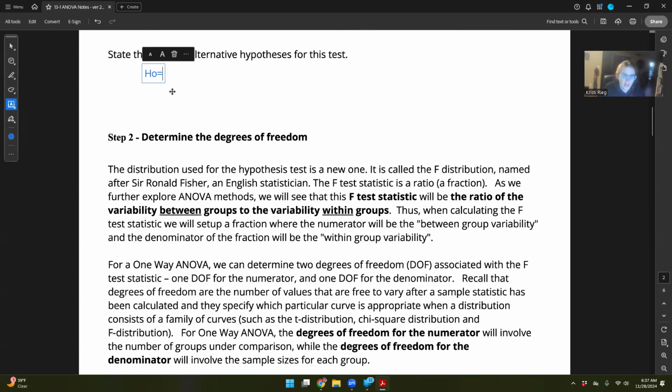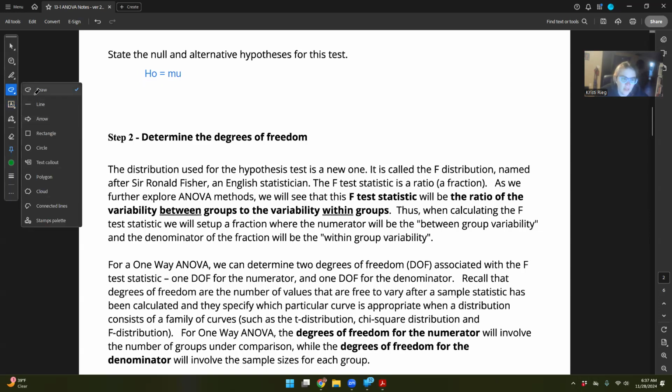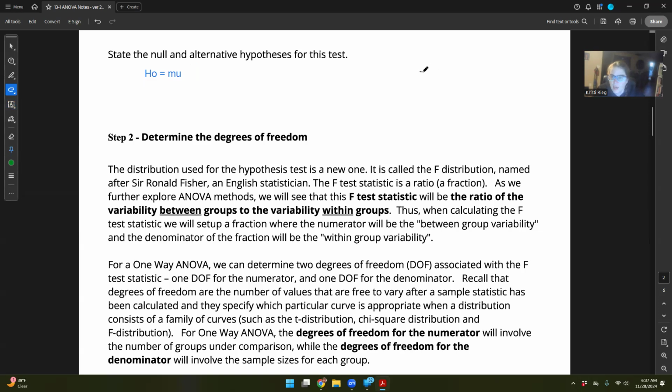hypothesis, and that is that mu of Massachusetts. So it's a mu and then subscript Massachusetts.